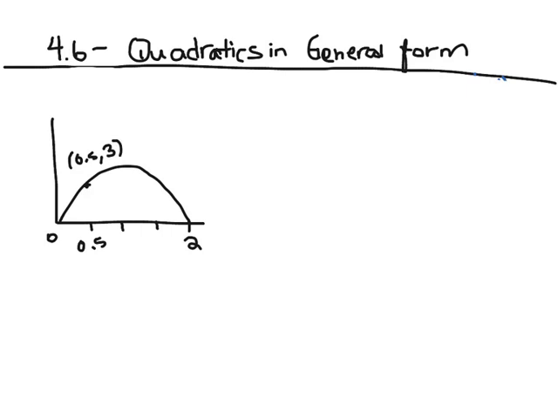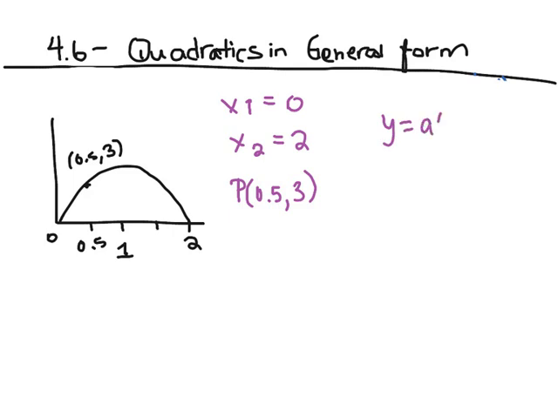We know the vertex is going to be at 1 because it's halfway between 0 and 2. So x1 equals 0, x2, so these are our intercepts, will be at 2, and our point is 0.5 and 3. So y equals a times x plus 0 times x minus 2.